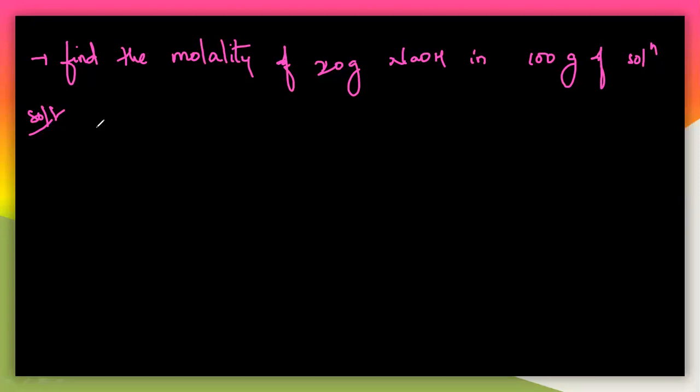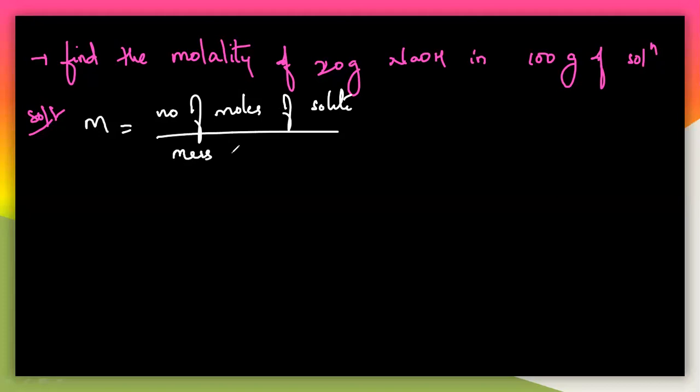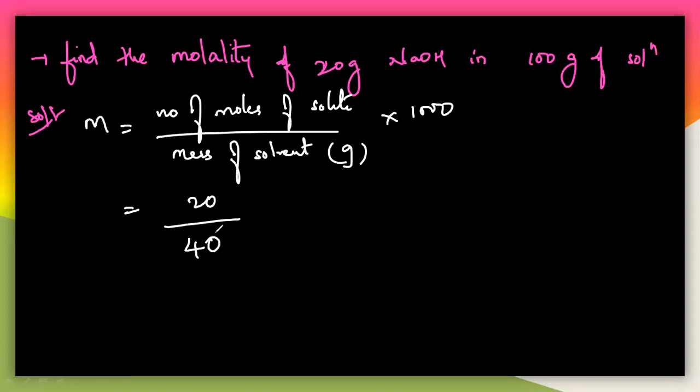Molality is equal to the number of moles of solute by the mass of solvent in kg. If it is in grams, just multiply with 1000. Number of moles is weight by molecular weight. The weight here is 20 grams, and the molecular weight of sodium hydroxide is 40.